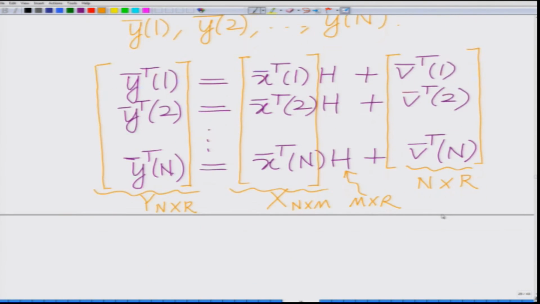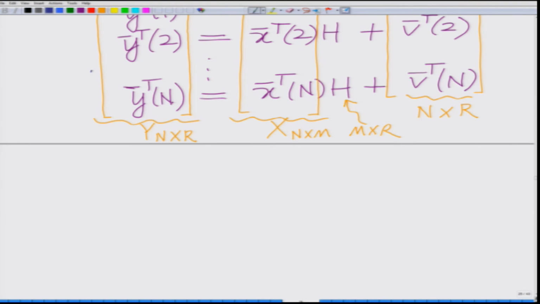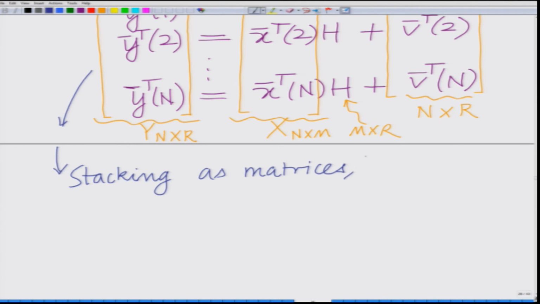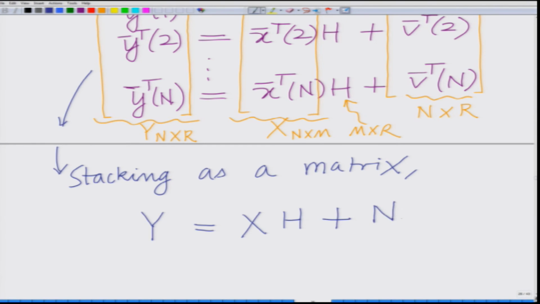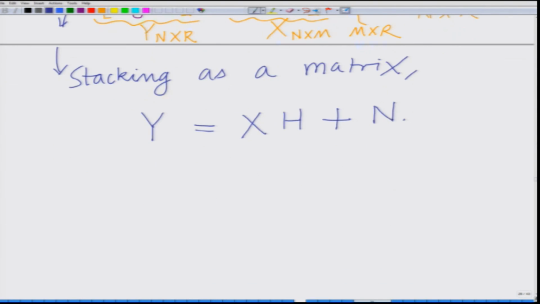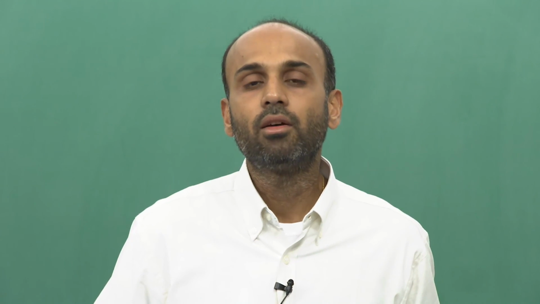Therefore, stacking as a matrix all the input output vectors corresponding to n time instants, we have Y equals X times H plus V. You can contrast this with the multi antenna downlink channel estimation problem, where you have y bar equals X times h bar plus v bar.